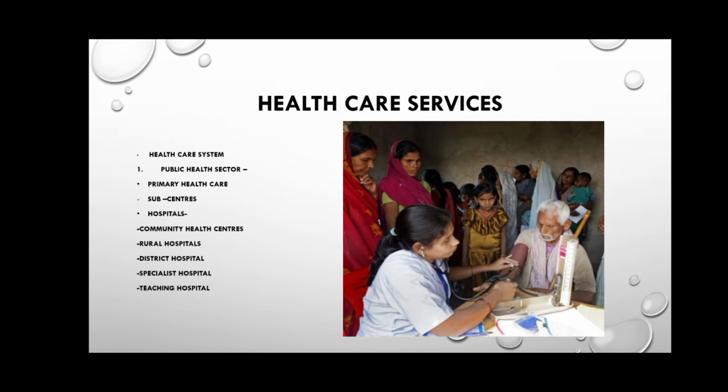Next, the public health sector's next division is hospitals. The hospitals are divided into five major sectors. First is community health center, second is rural hospital, third is district hospital, fourth is specialist hospital, and then teaching hospital.